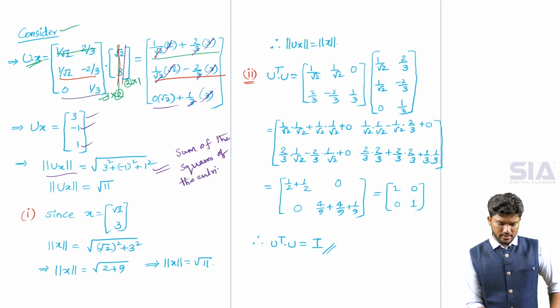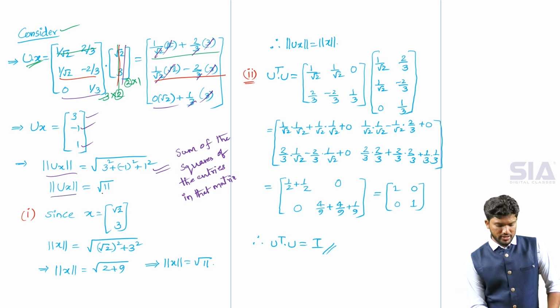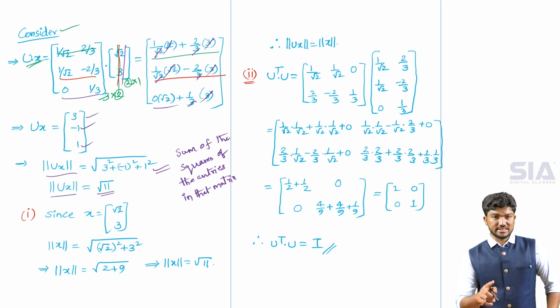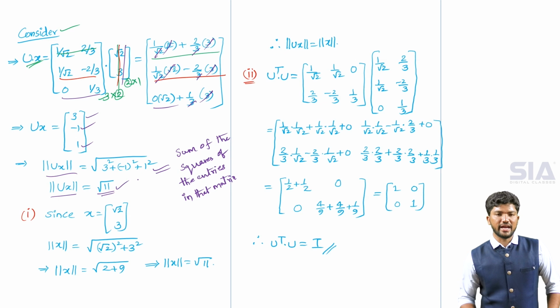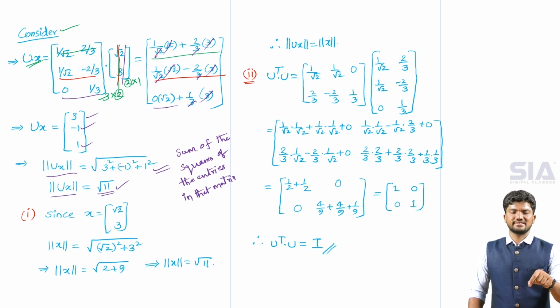So that is the formula to find the length. So therefore norm Ux is equal to 3 square plus 1 square plus 1 square, which is 9 plus 1 plus 1, that is root 11. So root 11 is the length.